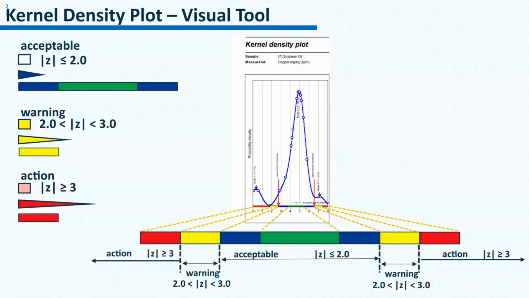The color band at the bottom of the plot is coded similarly as the triangle in the chart of z-scores. Blue for acceptable, yellow for warning, and red for action. To sum it up, the fourth part of the report provides graphs to describe the data distribution.